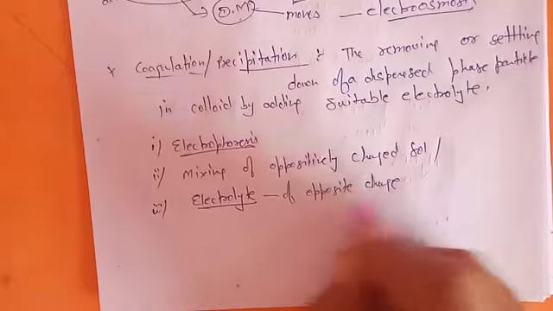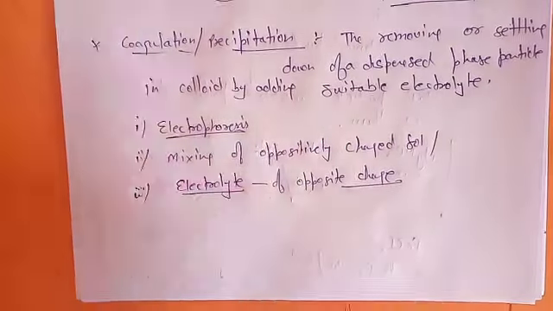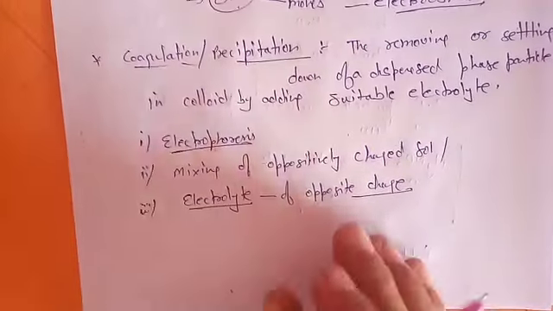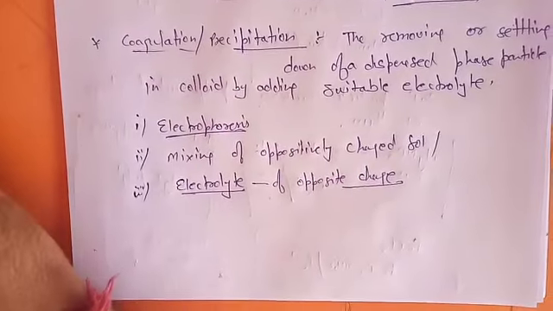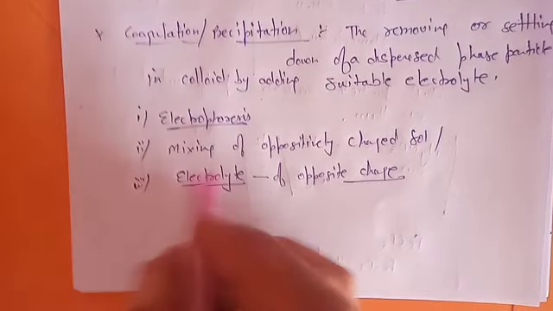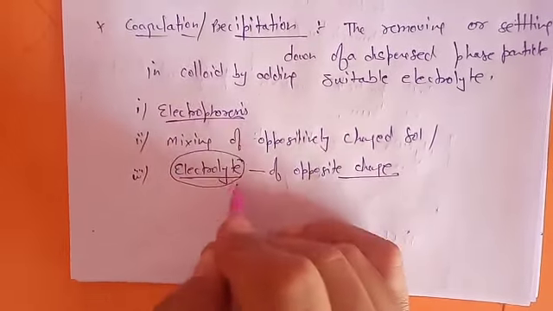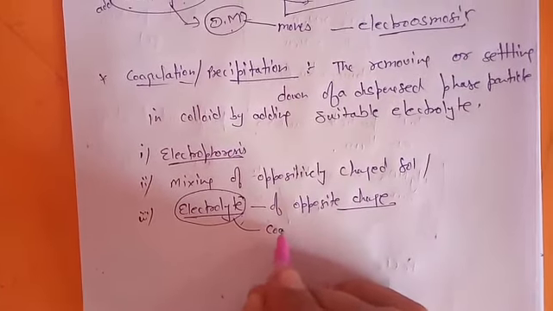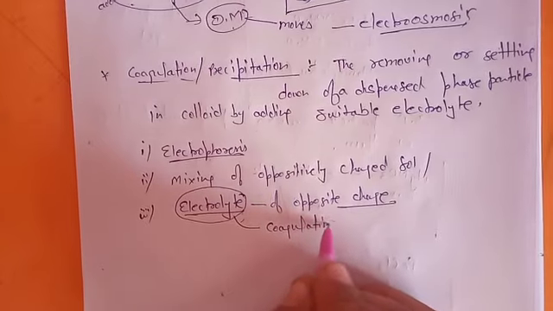The opposite charge gets attracted towards the dispersed phase particles and neutralizes them, and they settle down and form the precipitate. So this electrolyte particularly leads to the formation of coagulation. That's why it is known as the coagulating agent.